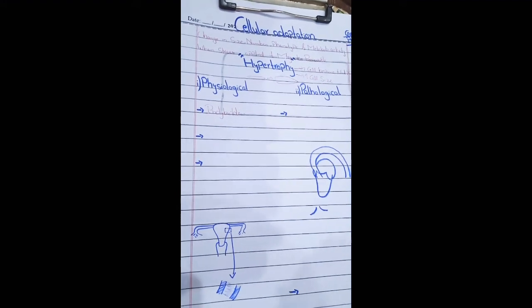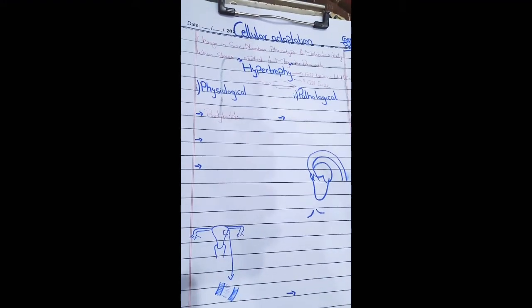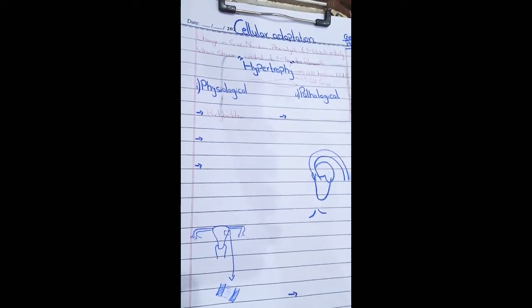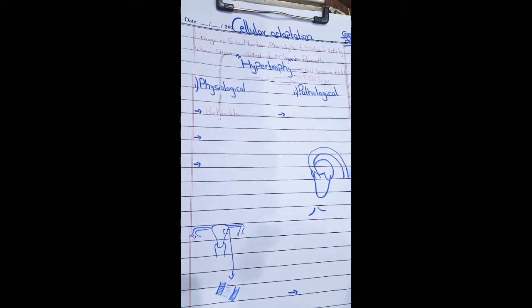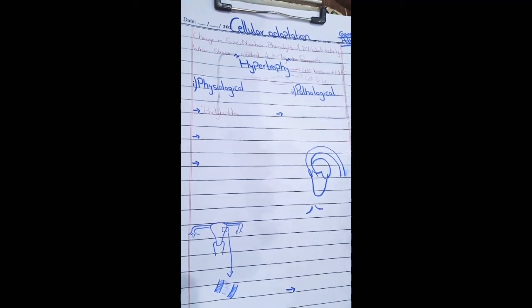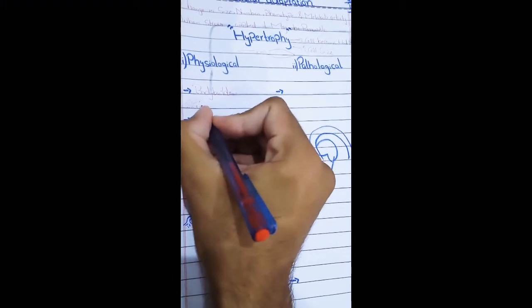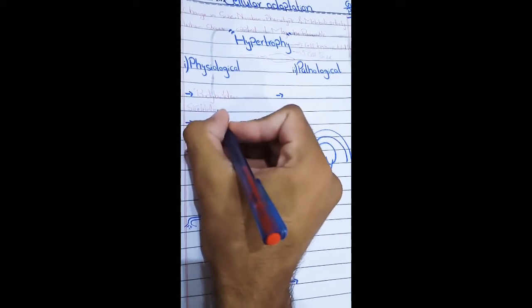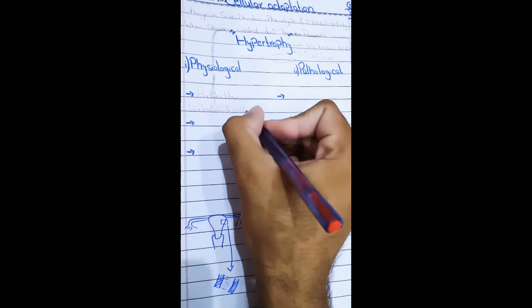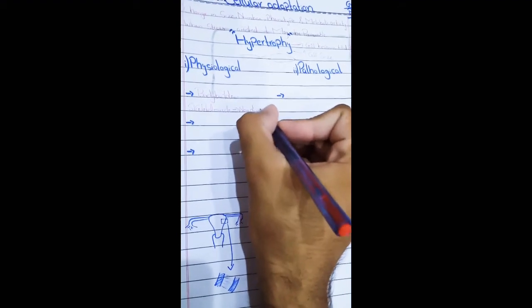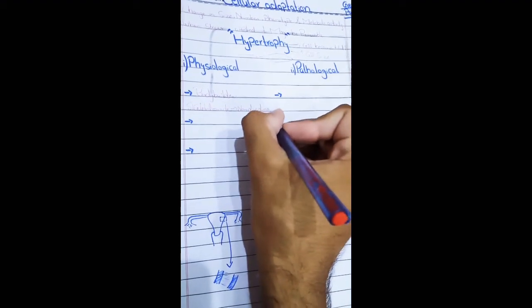They do not divide, so they do not undergo hyperplasia. They only become Hulk and increase their cell size. This is the mechanism. I write that skeletal muscles are non-dividing cells. Remember this point.